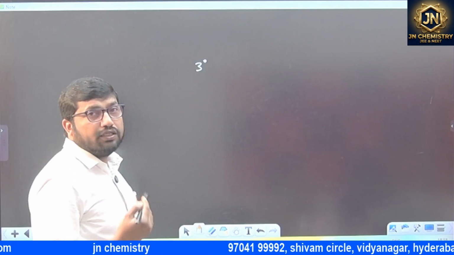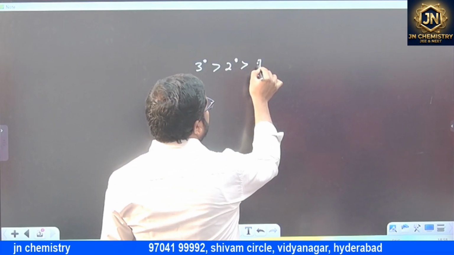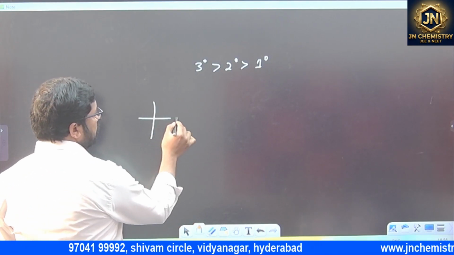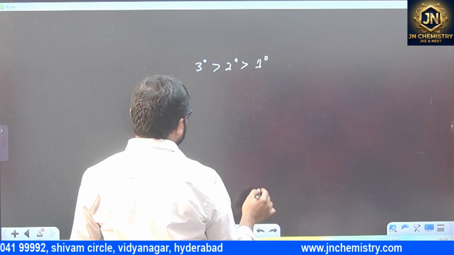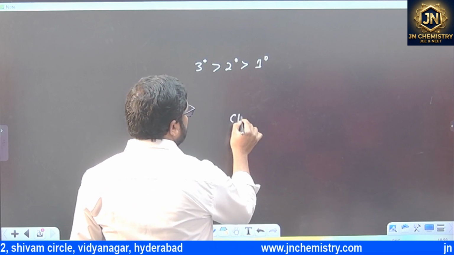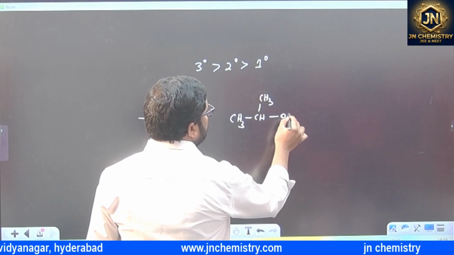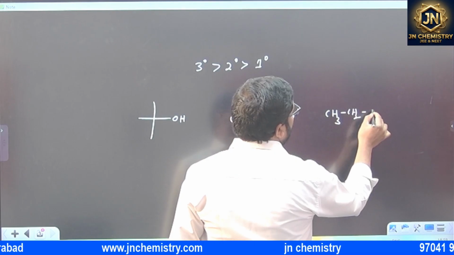Next, the order of dehydration of alcohols is like this: 3 degree alcohol is more than 2 degree, then 1 degree. For example, the OH compounds, CH3CH, CH3OH, CH3CH2OH.